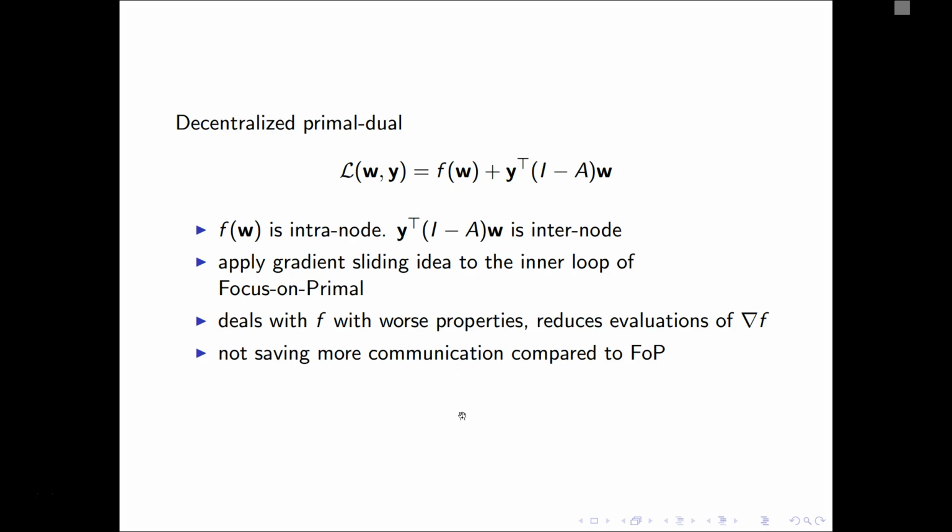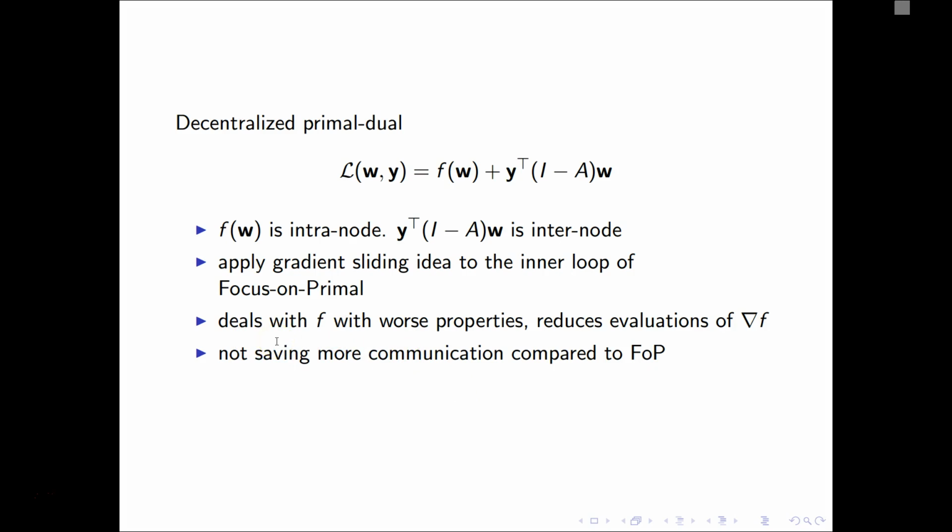How do we do this? We can apply the gradient sliding algorithm to the inner loop of the FOCUS on primal algorithm I mentioned before. So remember the argmin thing I mentioned. If you don't have an explicit solution to that problem, you can do this gradient sliding there.